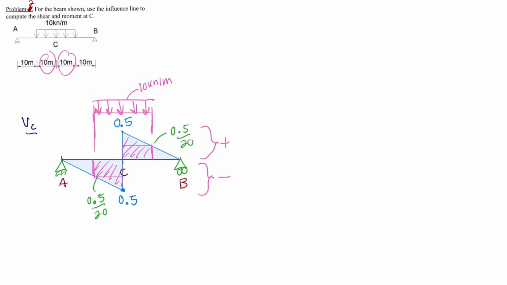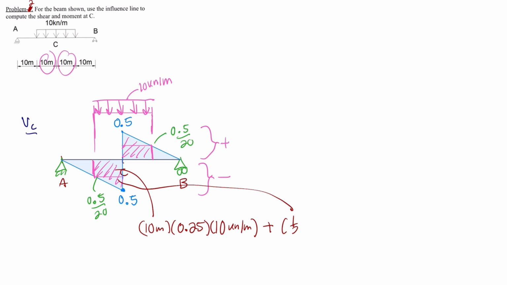So we can calculate this area, which will be 10 times 0.25 times 10, and then the area of this triangle is 1 half times 10, times 0.25 times 10, which is the base, the height, and the load.